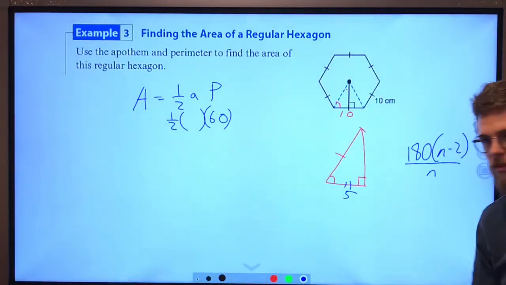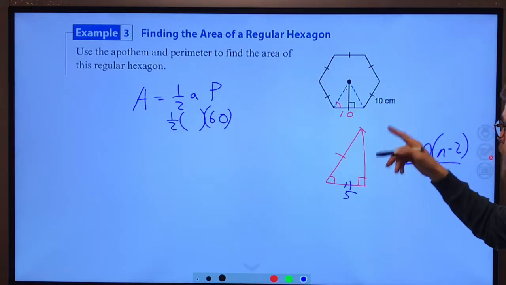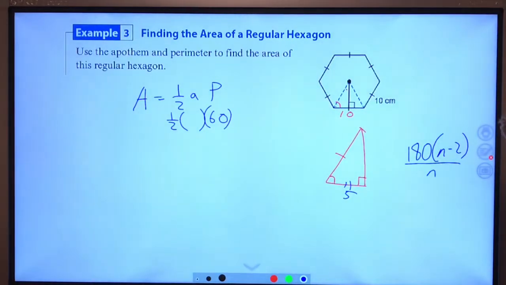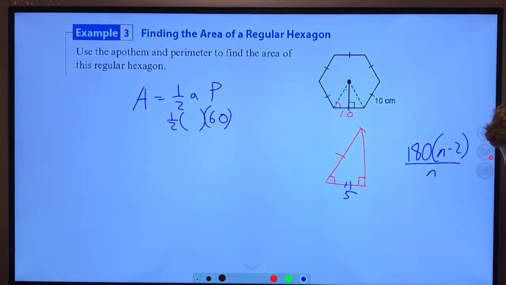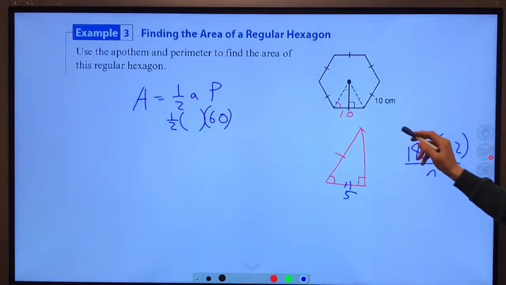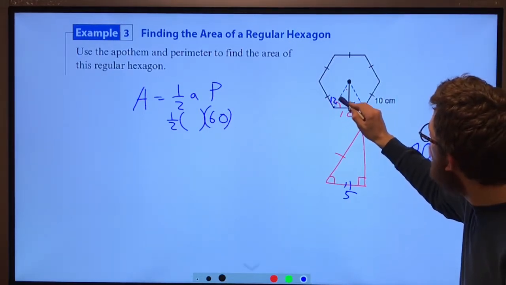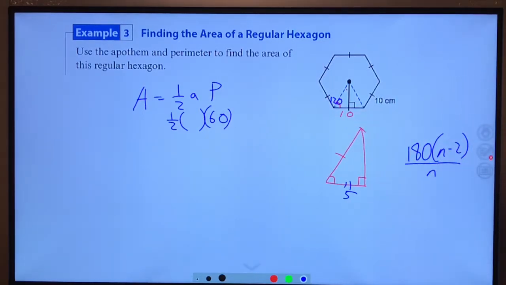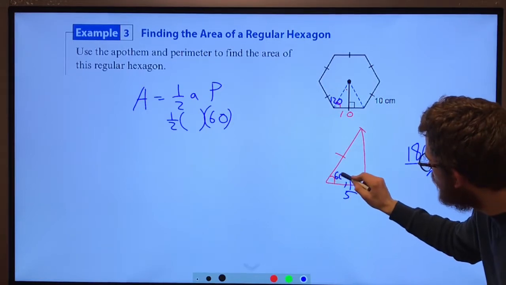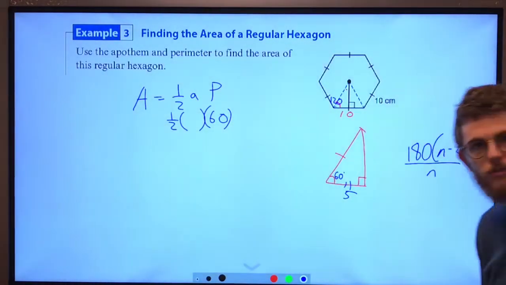That goes back to investigation 3. Well, there are 6 sides, so if I plug in a 6 here, 180 times 4 divided by 6 gives me 120. This whole angle in there is 120, so that means that half of that would be 60 degrees.